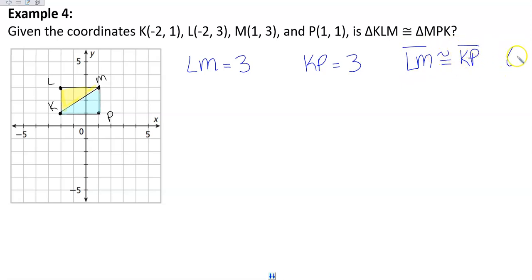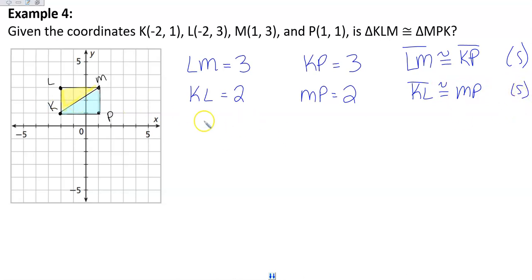So there's one side. Okay, then we're going to look at KL. KL is 2. MP is 2. So I know that KL is congruent to MP. So there's another side. And then I know that KM is congruent to itself.